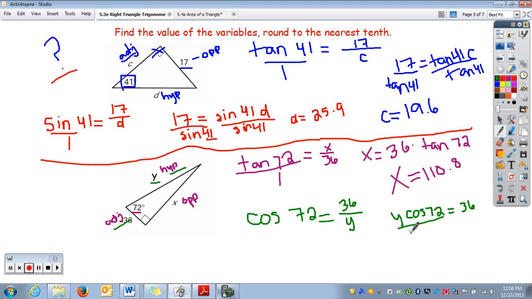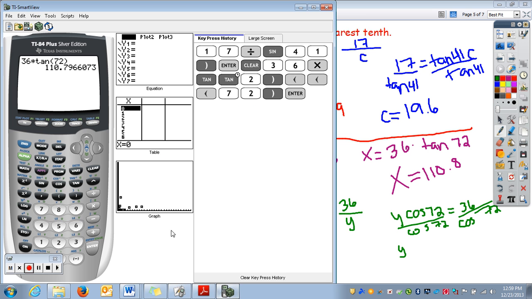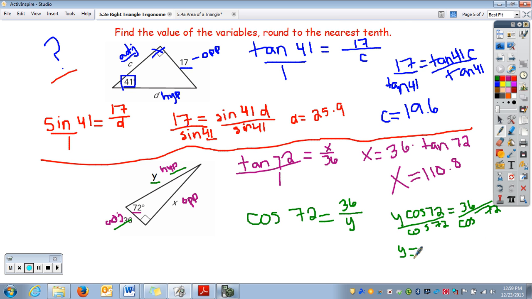And then you're going to divide by the cosine of 72 to solve for y, and y comes out to be 36 divided by cosine 72, 116.5, which makes sense because it's bigger than the one we got because it is the hypotenuse.